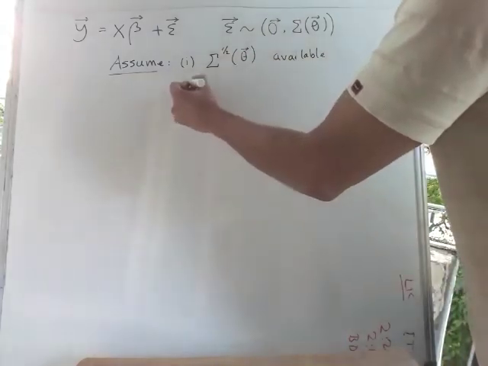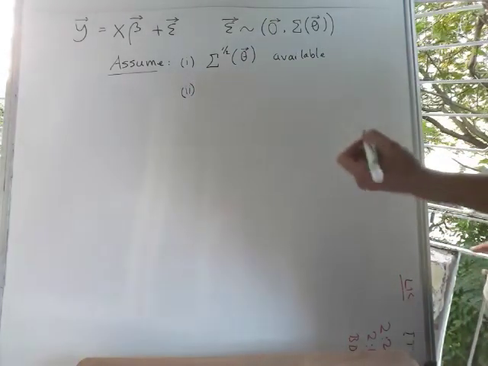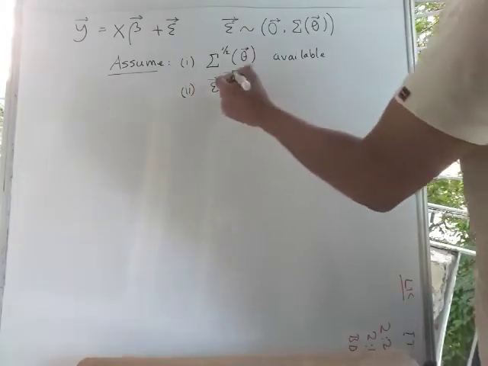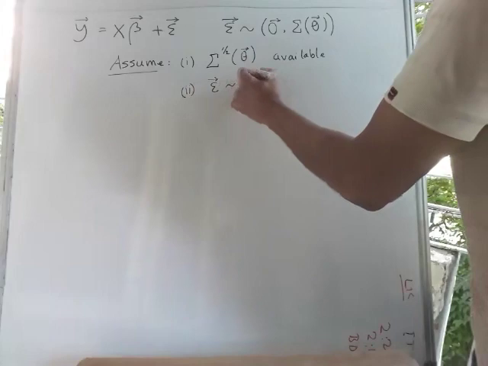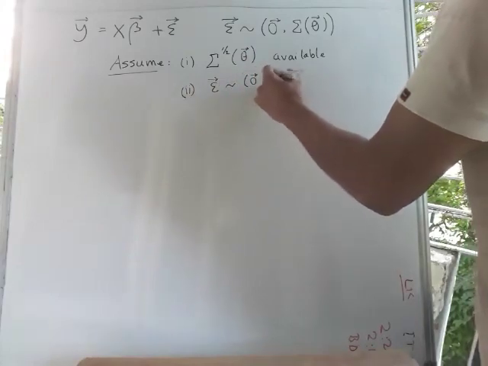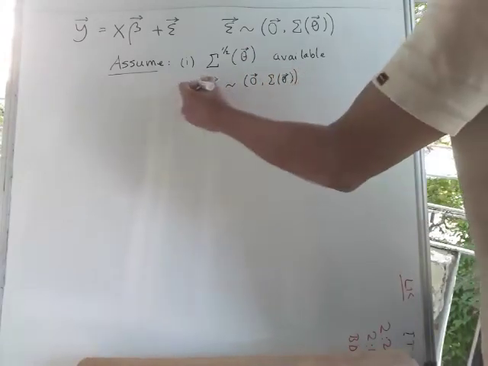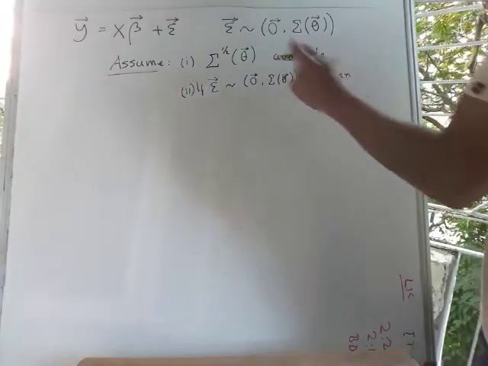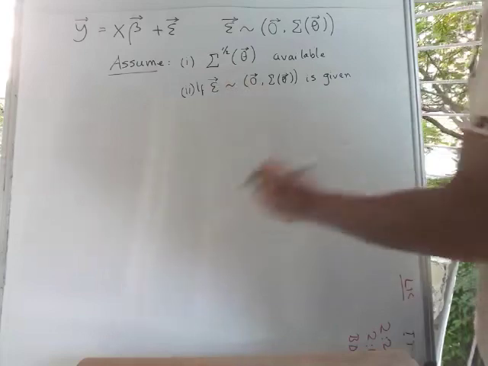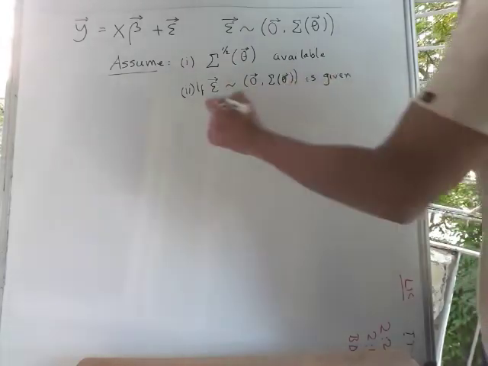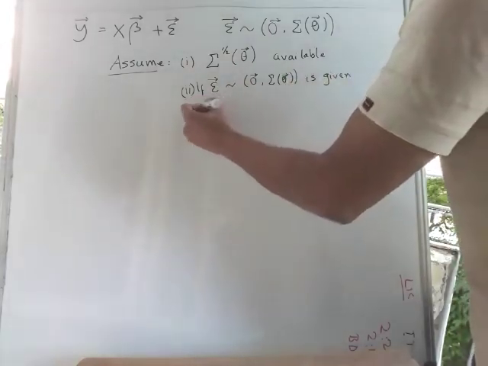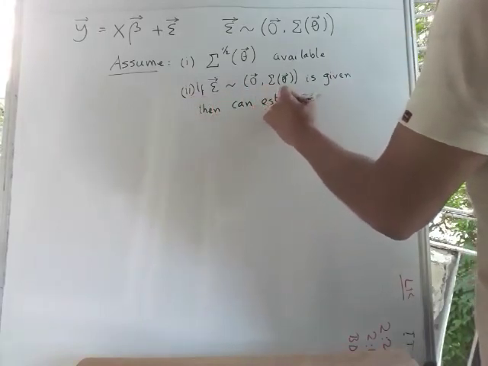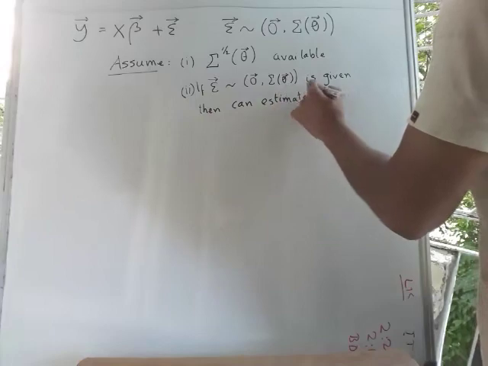And the second thing is, if I give you some data, if I give you the epsilon vector, of course in practice it is not given, you are not observing epsilon, but if I give you the vector, then you can estimate theta.